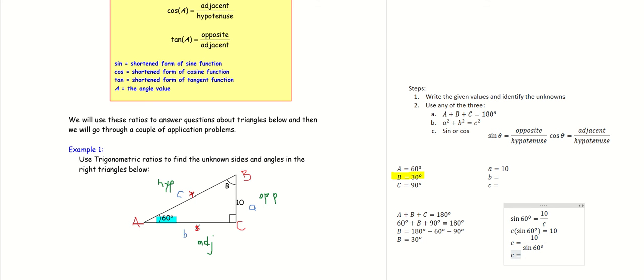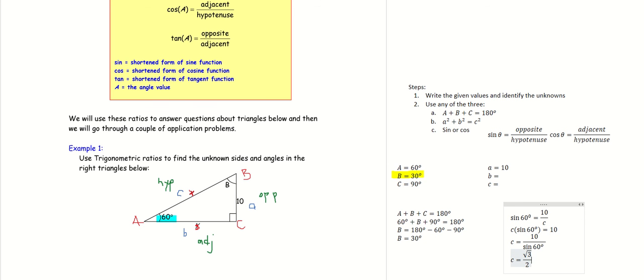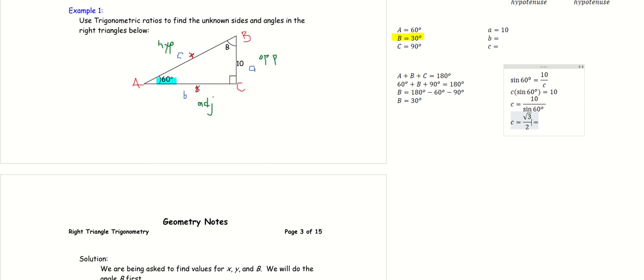So, what is sine 60 again? I think that's square root of 3 over 2. Or, we can also use decimals. Oh, sorry. What was it? Sine 60 is square root of 3 over 2.